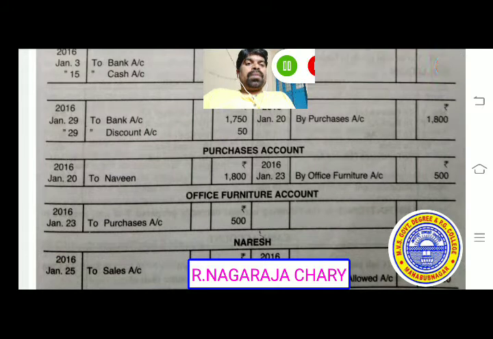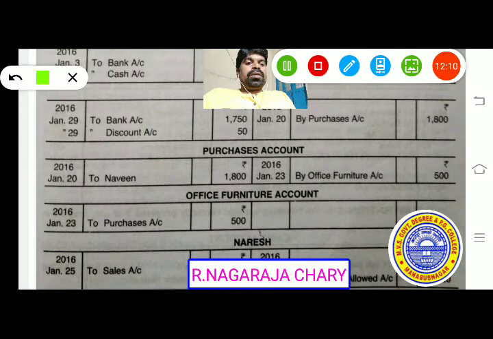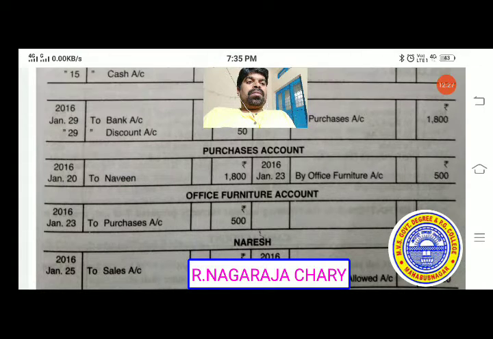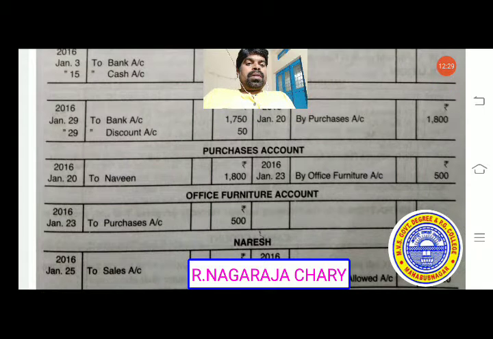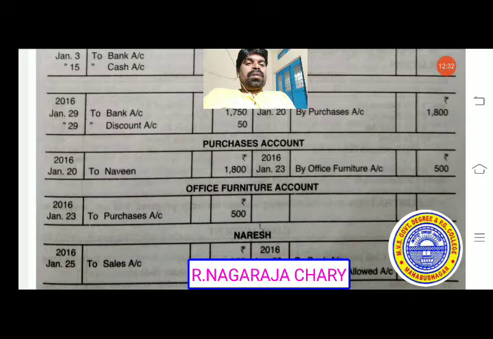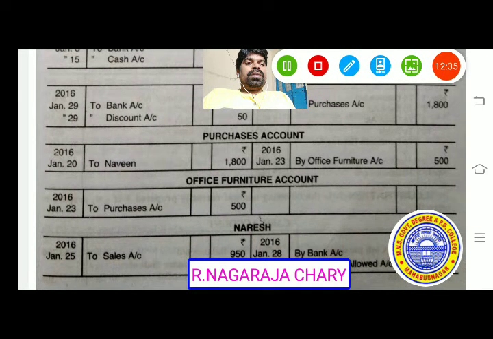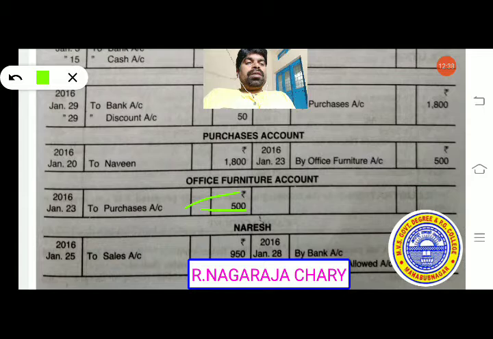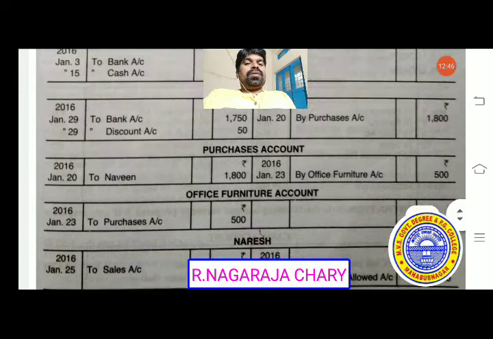Office furniture account, this 500 is recorded here. Office furniture on the debit side, that is 500. So both the aspects are recorded in two separate accounts.